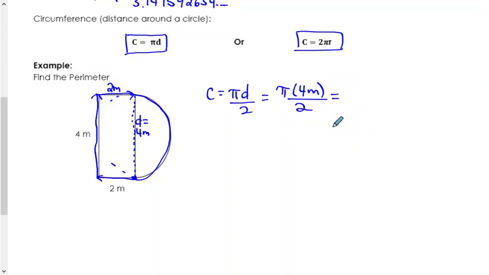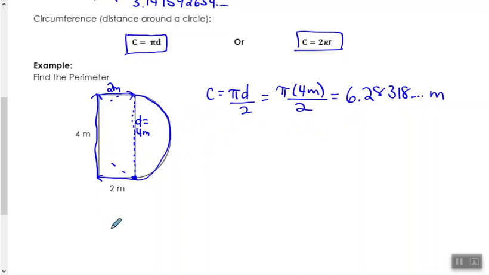Calculating that in your calculator, making sure you are using your pi button, not 3.14, you get 6.2831, and so on, meters. Now don't round yet, we won't round until the end. You can even cut it off at a couple decimal places and you'll be fine, but I'll just keep a few more.